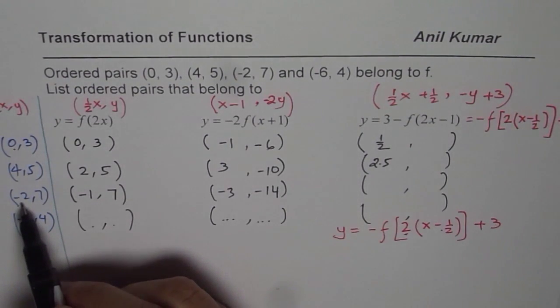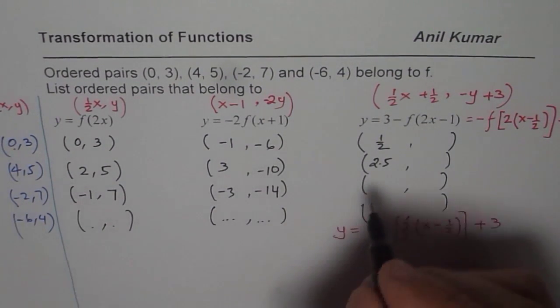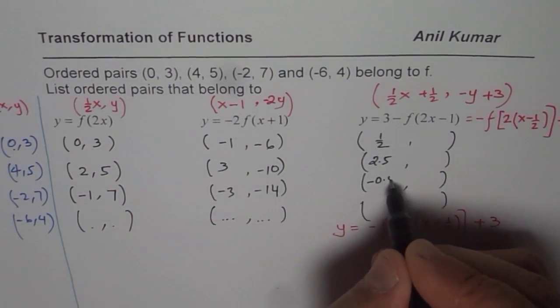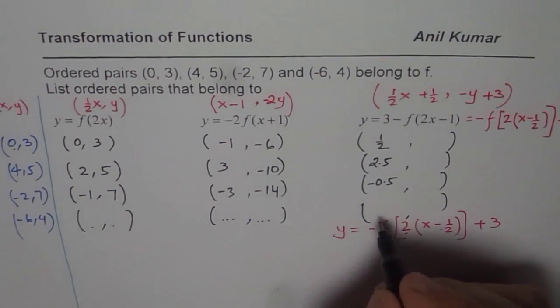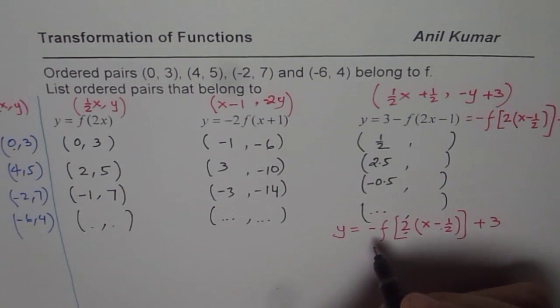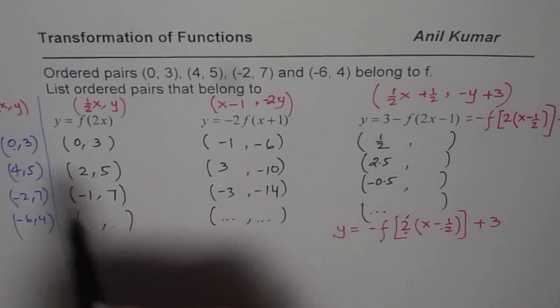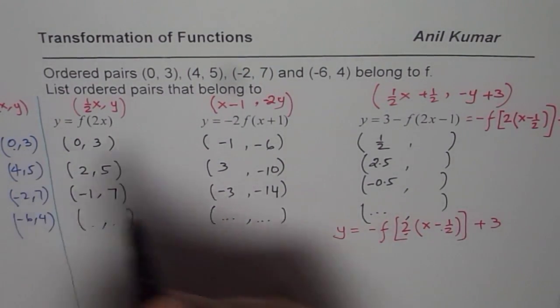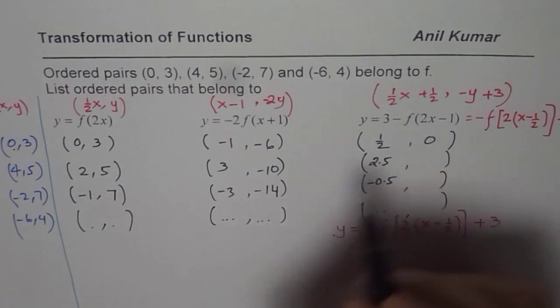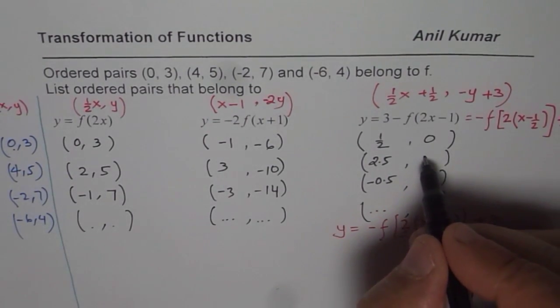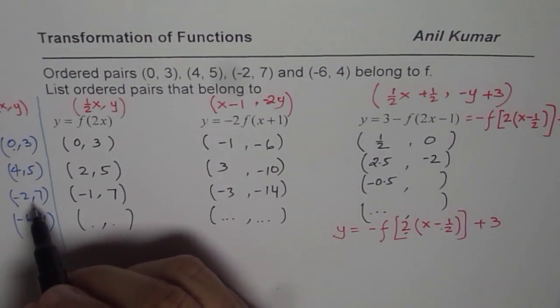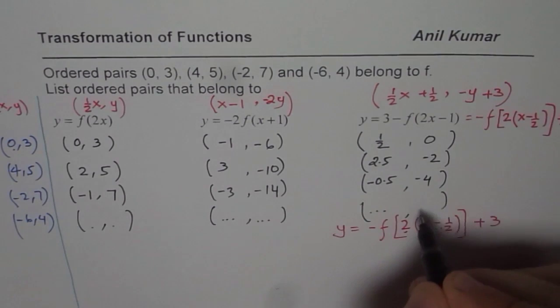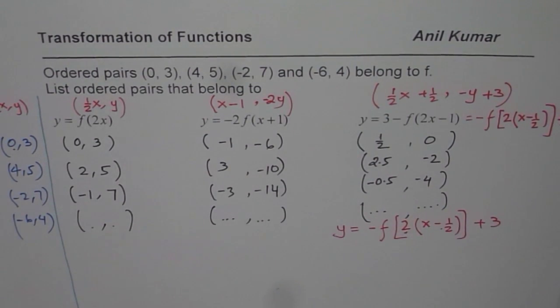Divide -2 by 2, which is -1, and so it's -0.5. In this particular case, you have to do the calculation. For the y values, take the negative and add 3. Negative 3 plus 3 is 0. Negative 5 plus 3 is negative 2. Negative 7 plus 3 is negative 4. And this you need to calculate.